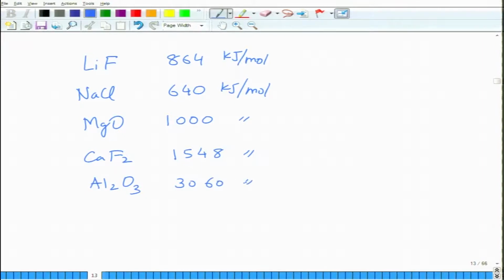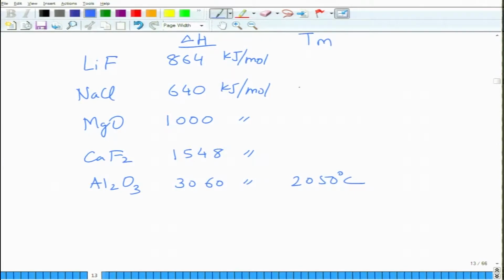These values can be found in any standard text, for example Raghavan's Materials Science. Now, which of these do you expect to have the highest melting point, and which the lowest? As you have suggested, Al2O3 will have the highest melting point, 2050 degrees centigrade. Let us say this is Tm, and this is delta H, the enthalpy of atomization, which is related to bond energy.